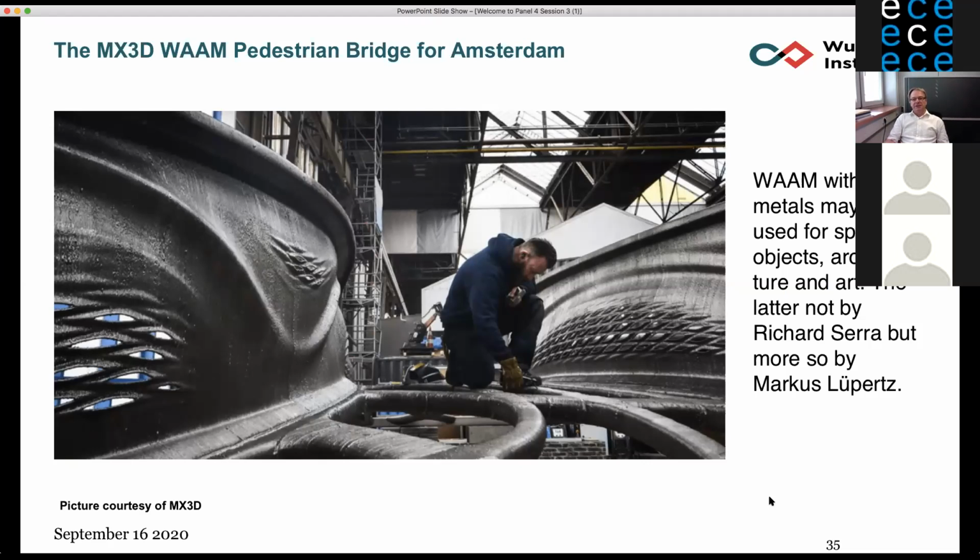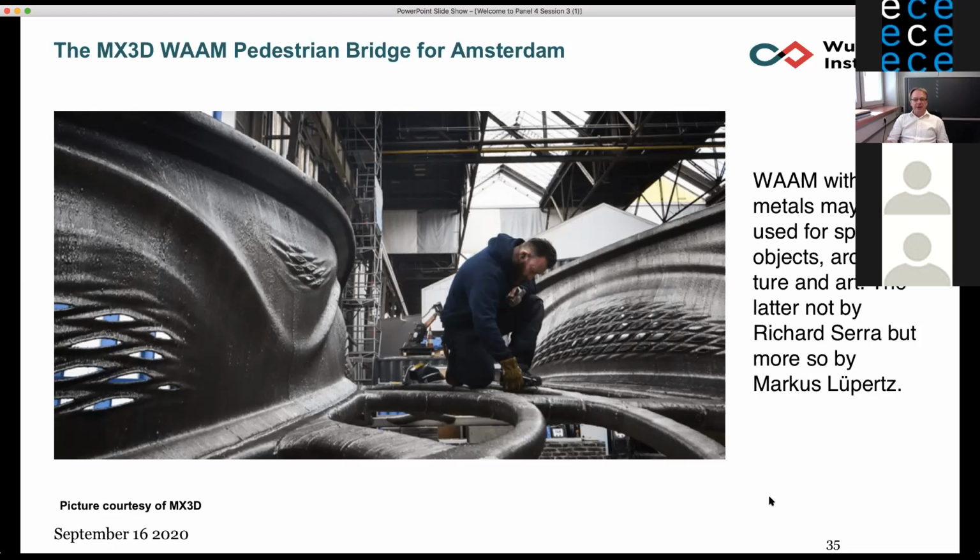And wire arc additive manufacturing is basically using welding robots to build up 3D objects. So what you can see here in the picture is the main part of a pedestrian bridge that was constructed for use in the city of Amsterdam.